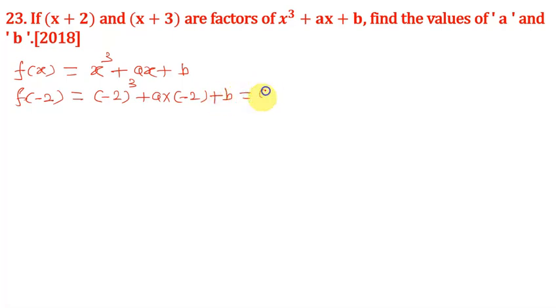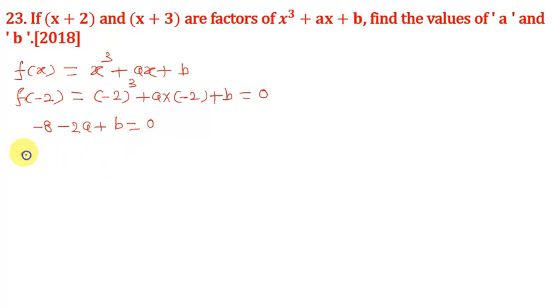As it is a factor, its value is 0. Minus 8, and a into minus 2, that is minus 2a plus b is equal to 0.